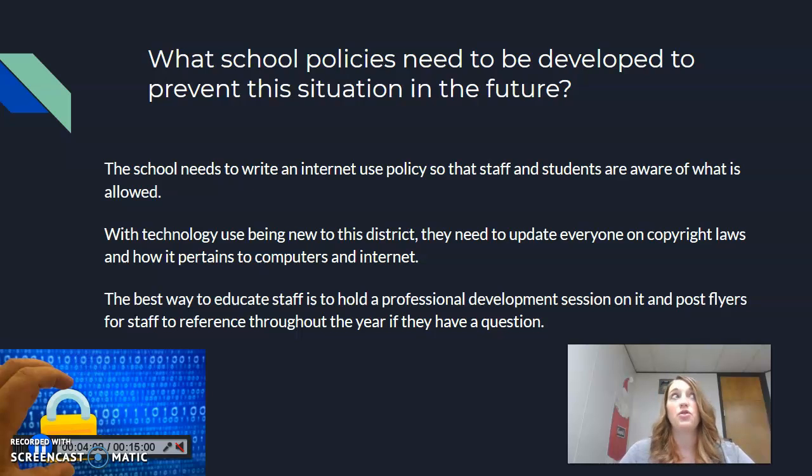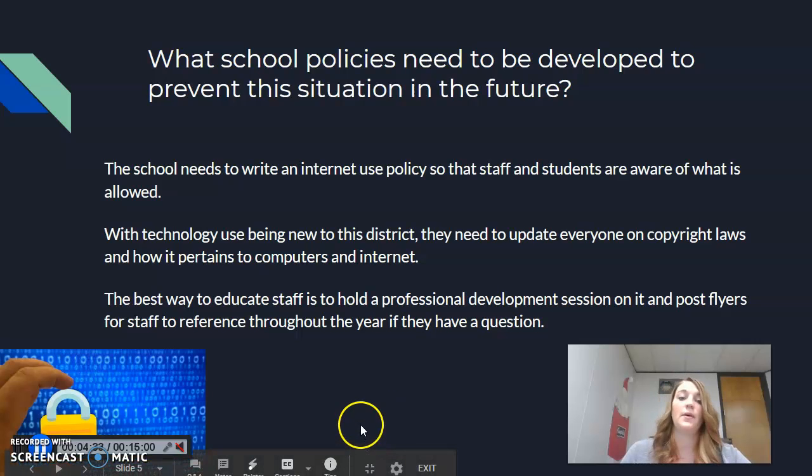So education of copyright, super big, especially when you're diving into something new. So a professional development session at the beginning of the year should happen, and then you should have a flyer, a handout or something that staff can reference very easily throughout the year. If they want to use some kind of new technology in their classroom, they know what is allowed and what is not allowed. They should also be able to come to you if they have a question.